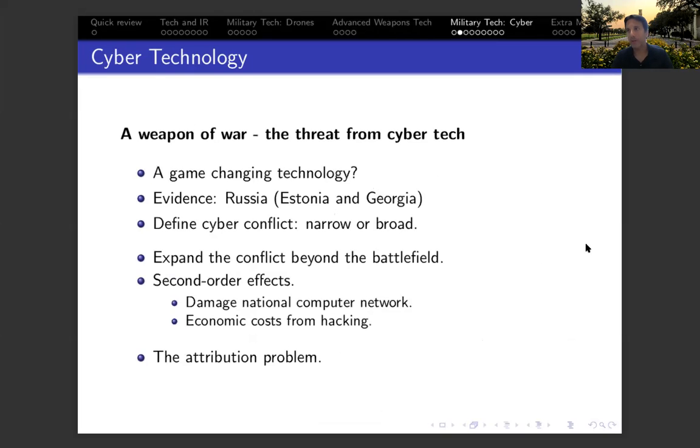There's a lot of political officials that view the attacks that Russia has implemented as part of its conflict with Estonia and Georgia in the end of the 2000s, in the beginning of the 2010s, to show that there's evidence that this risk exists, even though there's some research suggesting otherwise, that for those specific attacks by Russia against Estonia and Georgia, the use of cyber technology was complementary and didn't really have much of an effect on the battlefield.